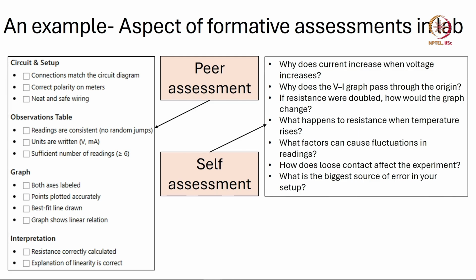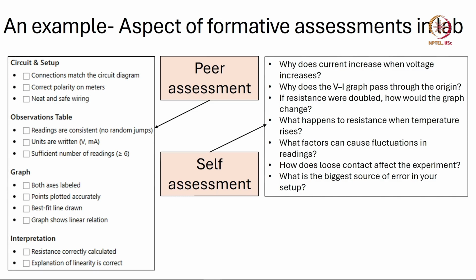Again, we can have some self-assessment prompts. After the student has conducted the experiment, there can be some self-assessment prompts that will help students think deeper. For example, why does current increase when the voltage increases? Okay, so it is not a very mechanical process of doing an experiment. Student is also thinking at a conceptual level. Or why does the voltage-current graph pass through the origin and not from anywhere else?